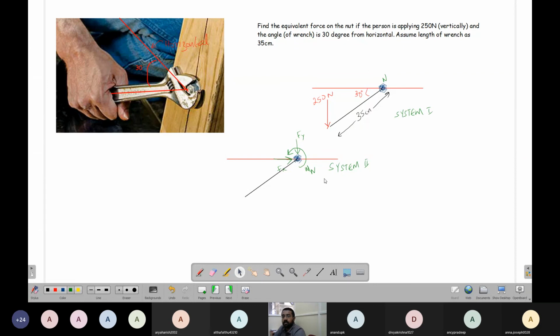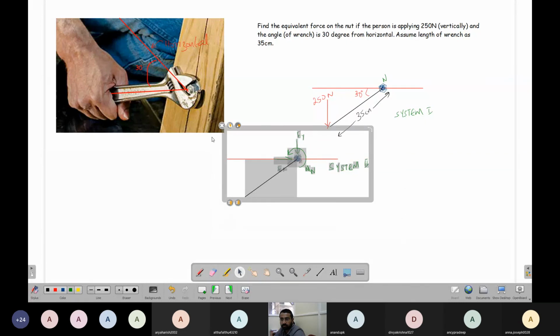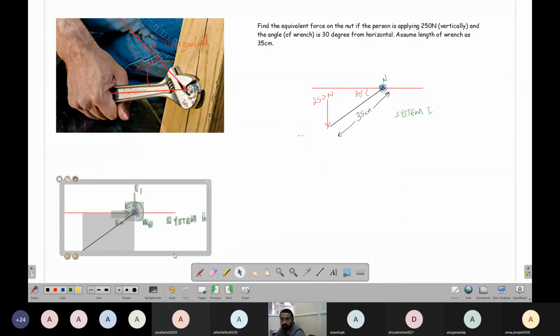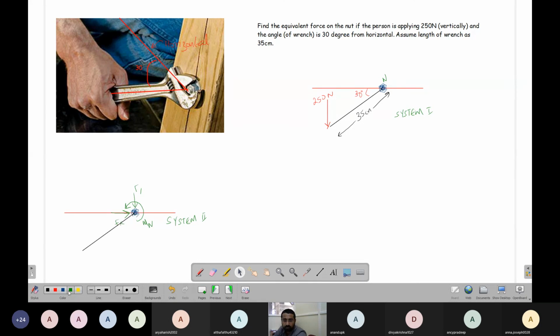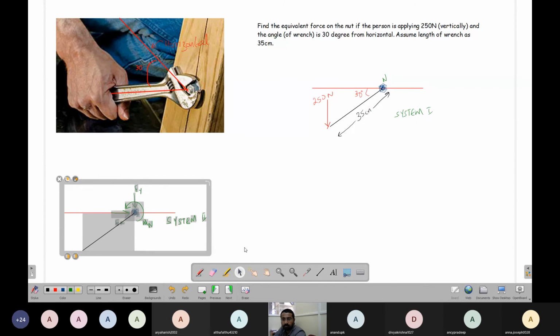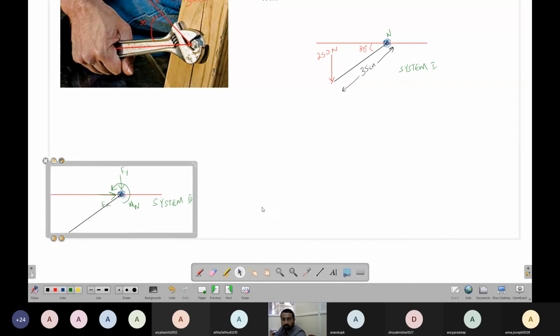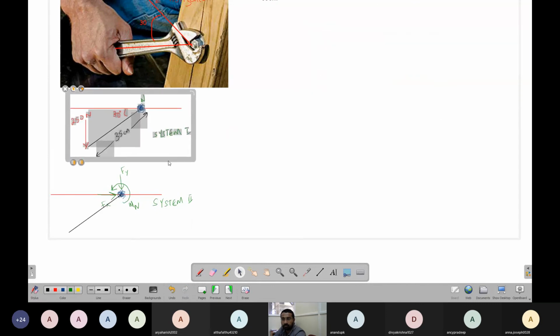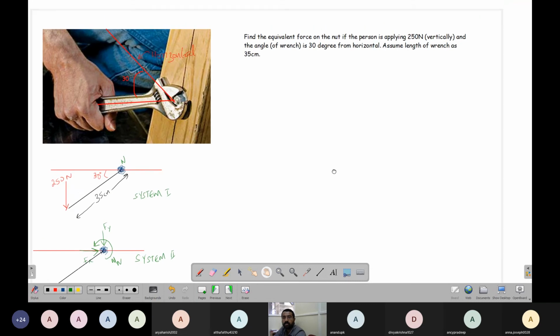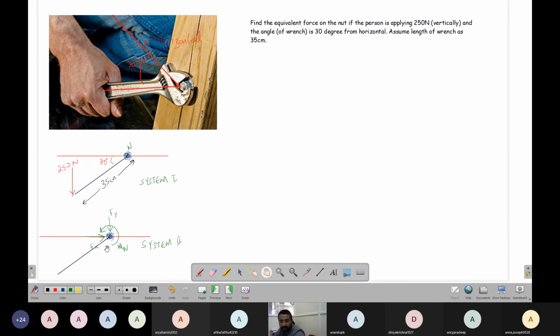So what you have to do is find the value of Fy, Fx and Mn, and then give the answer. How much moment comes on the nut, how much force comes on the nut, what are Fx and Fy?